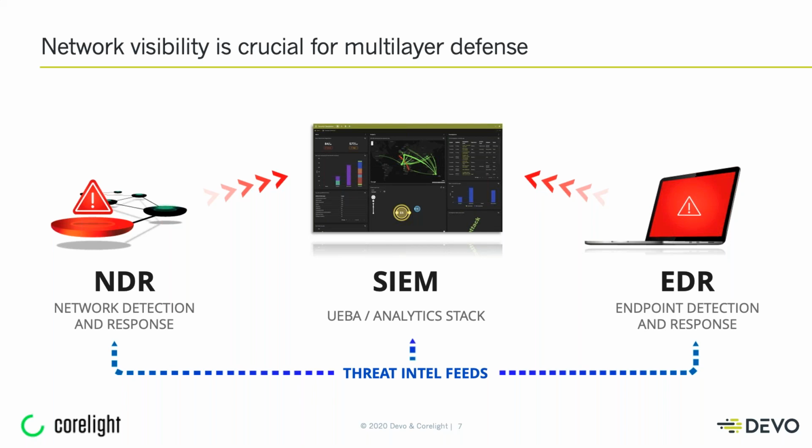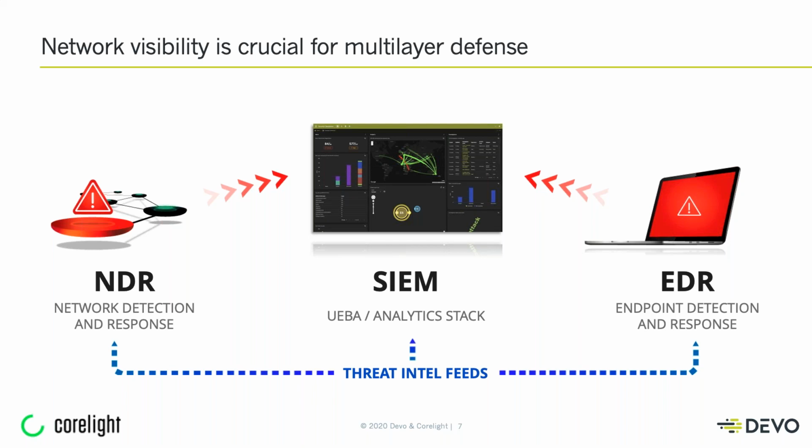A lot of organizations have great EDR tools in place, but a lot of times there are visibility gaps for the network detection and response piece, such as the ones I mentioned earlier. And of course, many organizations have a SIEM in place, but if it's a legacy SIEM, it's going to fall short in terms of operational complexity, as well as scalability and analytic capabilities.